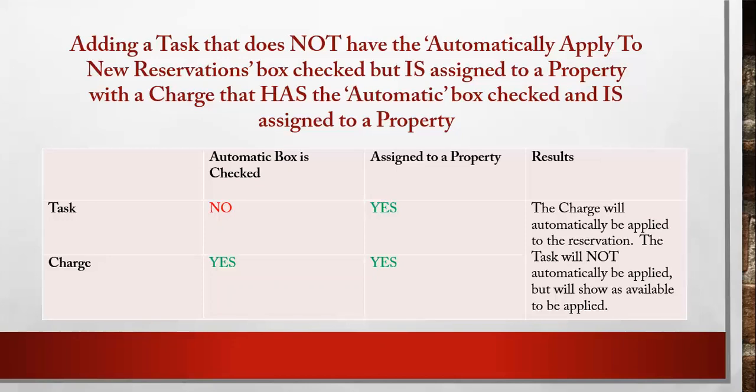An example of when you might need the charge to automatically be applied to the reservation, but the task to only be available to be applied manually, is for an item that the guest always pays for, but might receive in different ways depending on the time of the year.